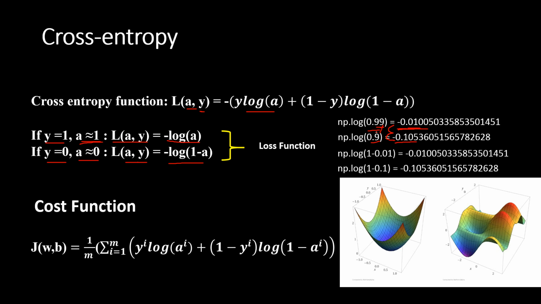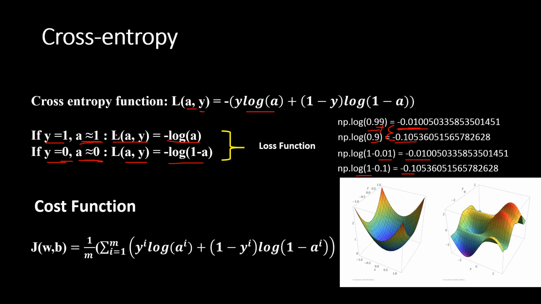So you can see that due to this loss function, even small changes are incorporated in computing better values of w and b. Similarly, in the case of y equal to 0, a needs to be close to 0. So the log becomes log 1 minus a. So 1 minus a value close to 0, and you will get this loss function close to 0. That's our goal, to get the loss function close to 0.